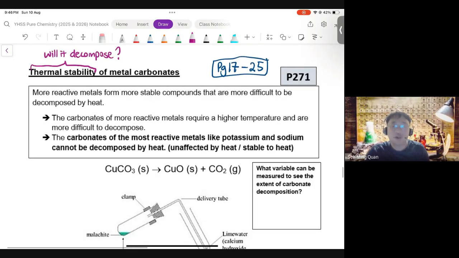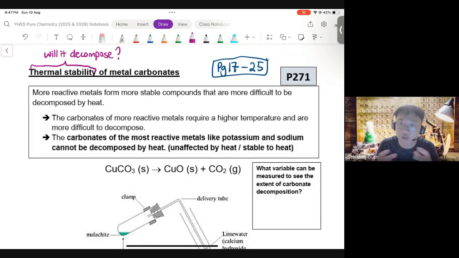Okay, so again, we return back to how do you think reactivity would affect whether the metal forms a stable carbonate or not? What does it mean to be reactive? For instance, potassium is really reactive. It explodes. Boom! So when potassium explodes, it forms K plus ions. K plus ion would form strong electrostatic forces of attraction with other ions.